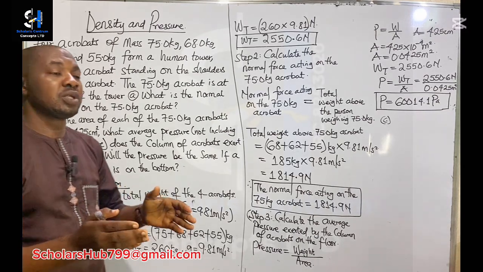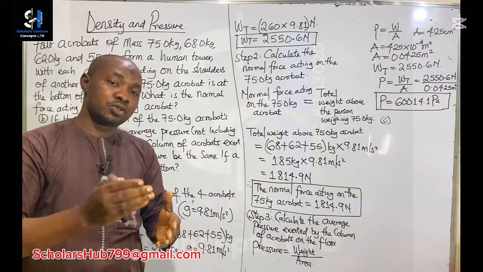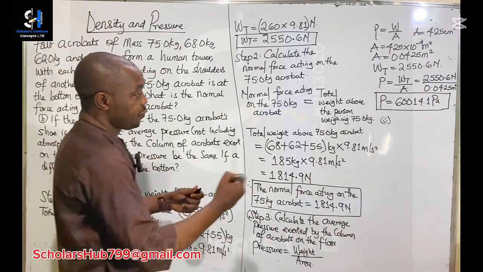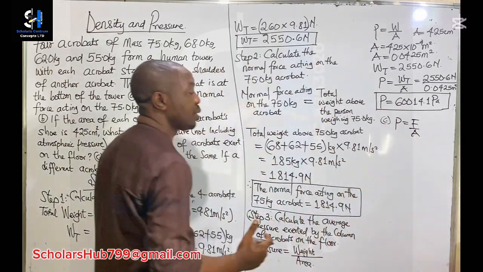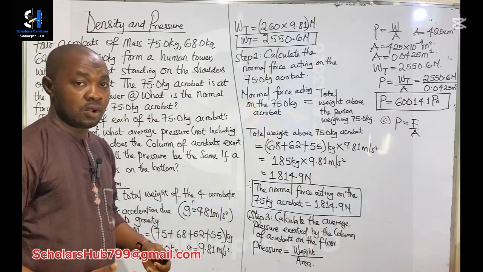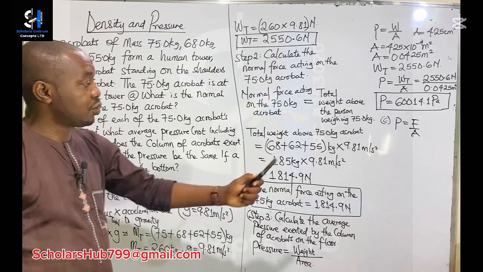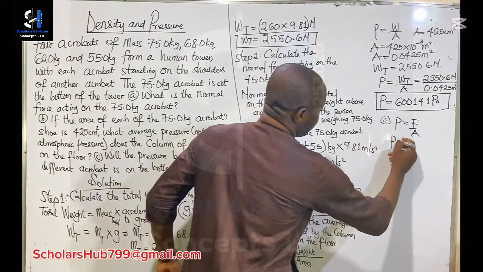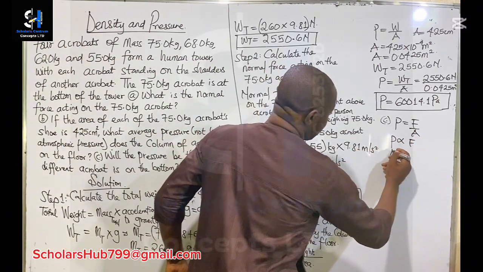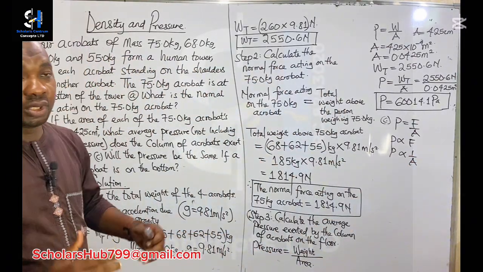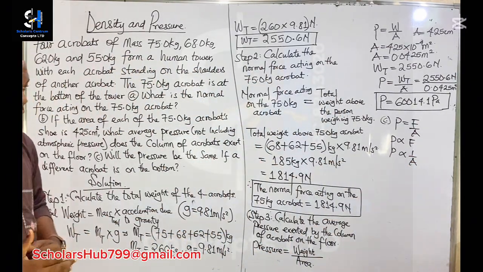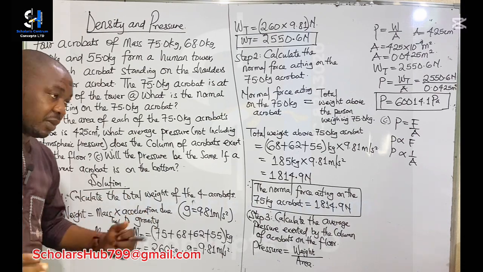Why? Because we know that pressure is proportional to force from this formula. P equals force acting normally per unit cross-sectional area of a material. So pressure is proportional to force. At the same time, pressure is inversely proportional to the cross-sectional area of the surface of a material.